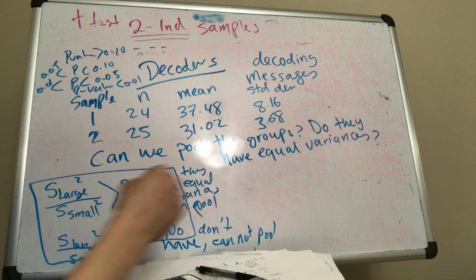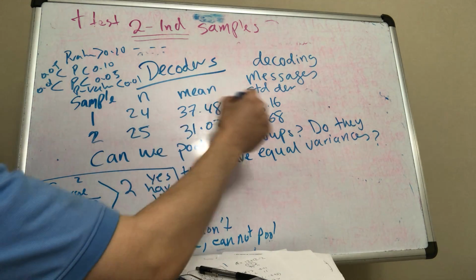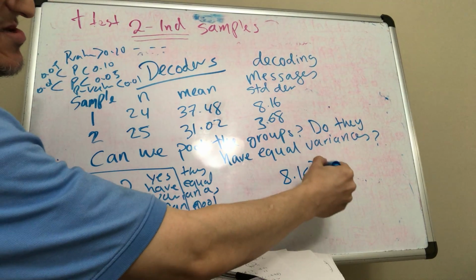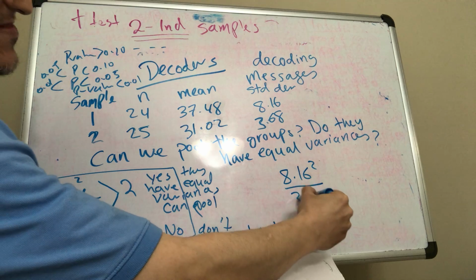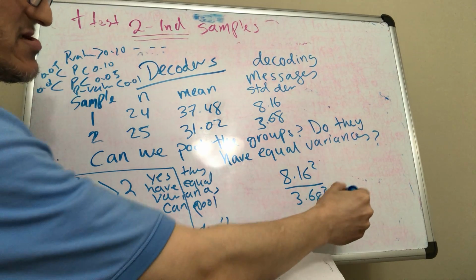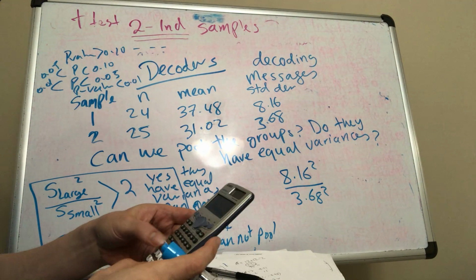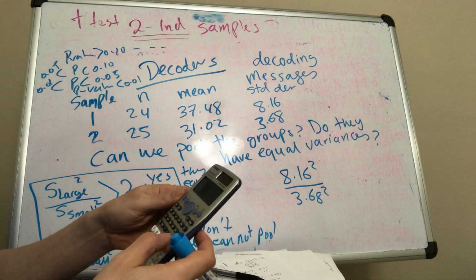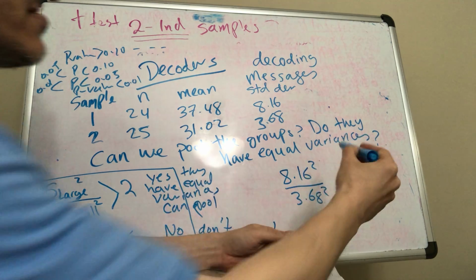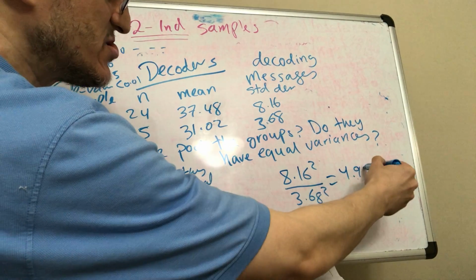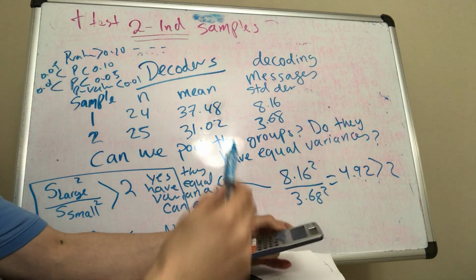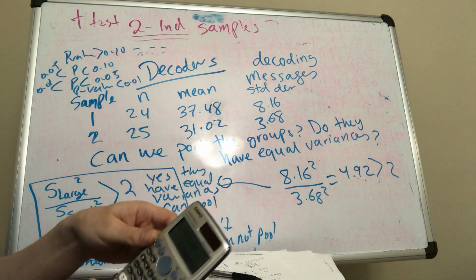So if you follow this, S large squared, the larger one, is 816 squared, and the smaller one is 368 squared. This gives you about 492, that's way more than 2. So you say, yes, they have equal variances, can pool.